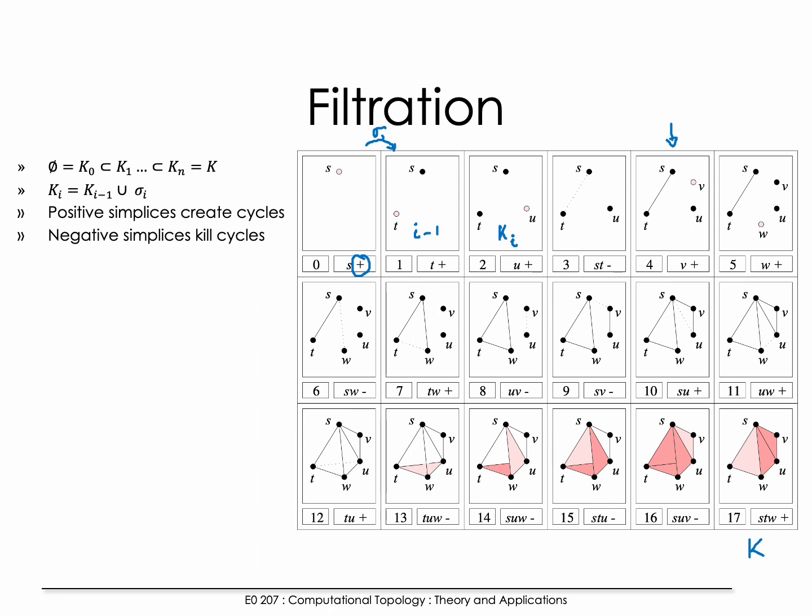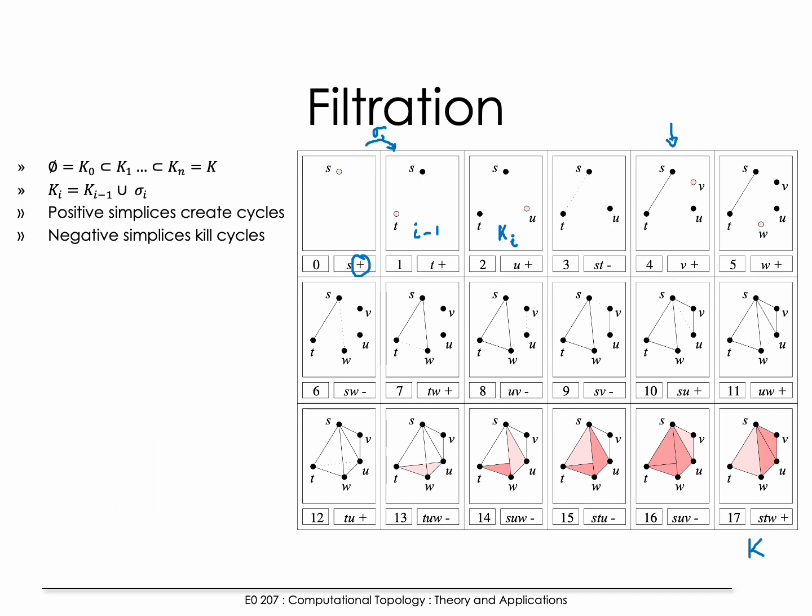So next you insert V, which is again positive, followed by the insertion of W, which is again positive. Next we insert SW, the edge SW. Now again, this insertion of this edge does not create a cycle, rather it destroys a zero cycle.